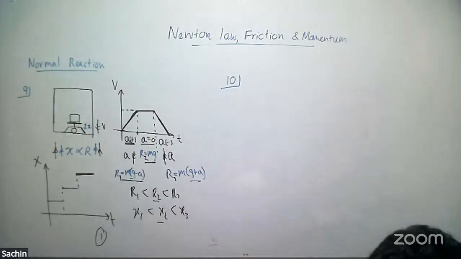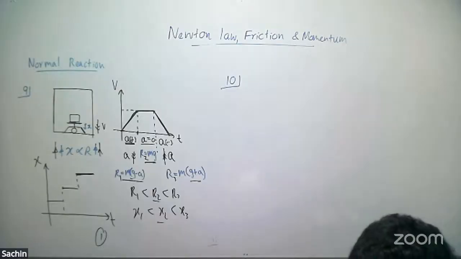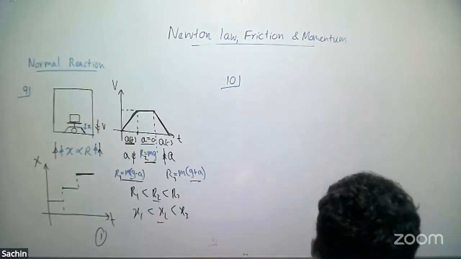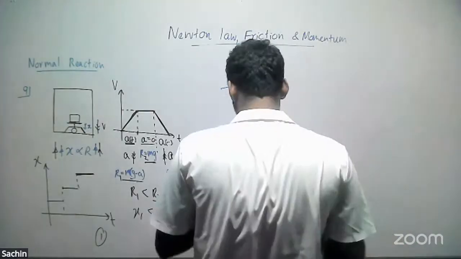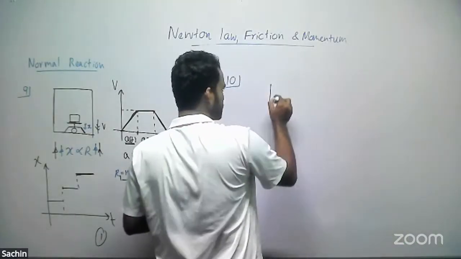The force exerted on B by A is 1 Newton. If instead the same force is applied on B in the opposite direction, the force exerted on A by B is. So there's a case like this.